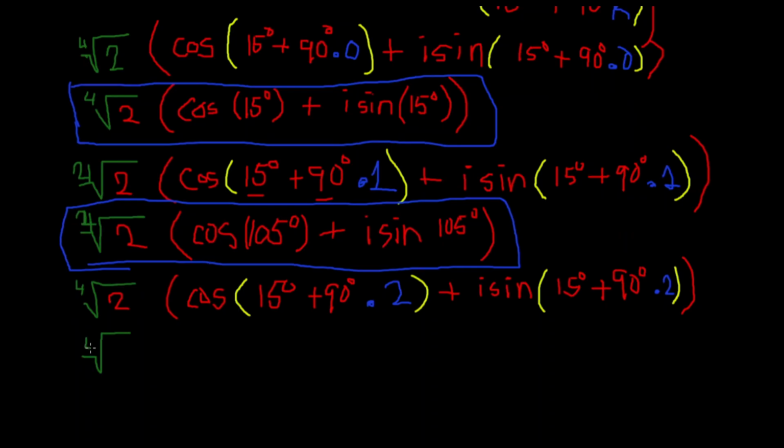So it's not that complicated, it's just plugging in the values, first convert it to polar form, then plug in the n and the k, and then just find the answer like that. So now it's cosine of 195 degrees plus I sine of 195 degrees.